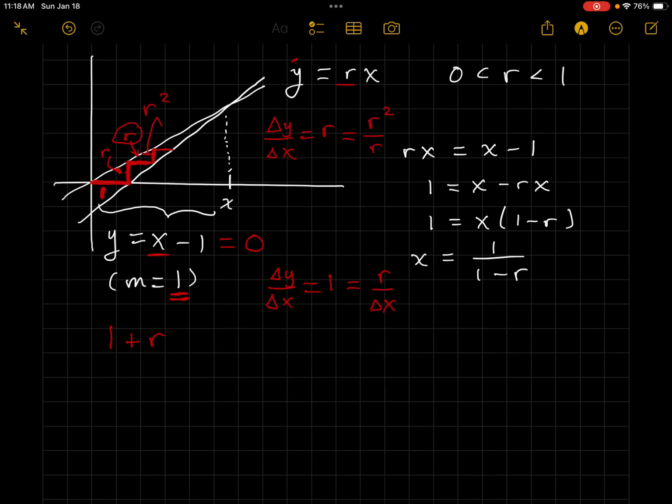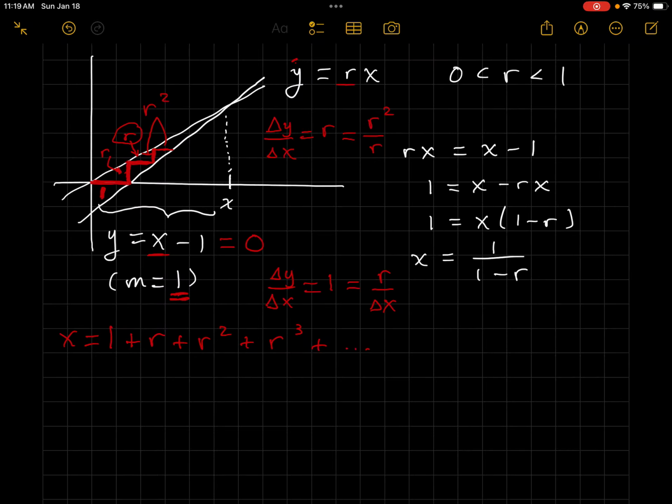But using similar logic, that horizontal segment must also be r squared as well. And if I continue on using that logic, I get that x must be 1 plus r plus r squared plus r cubed plus forever.